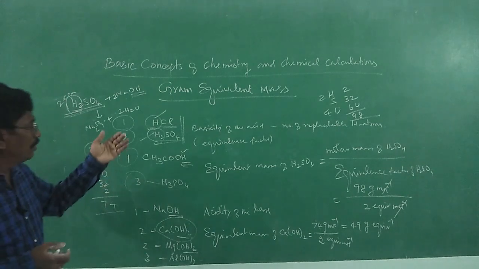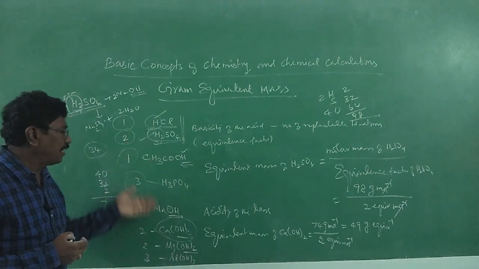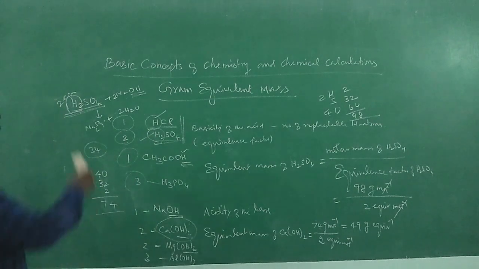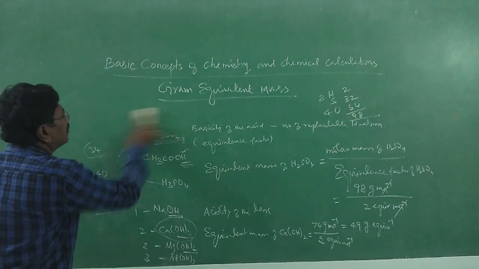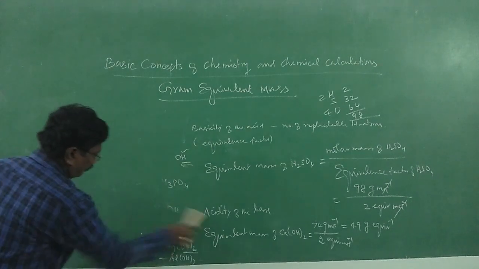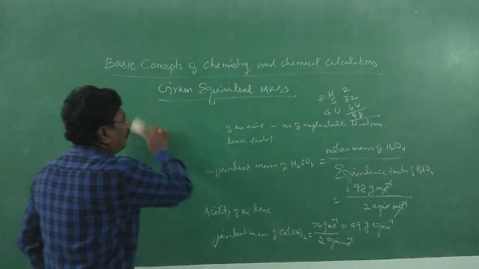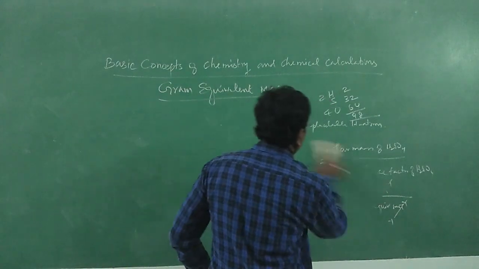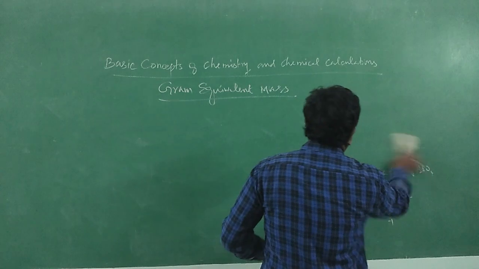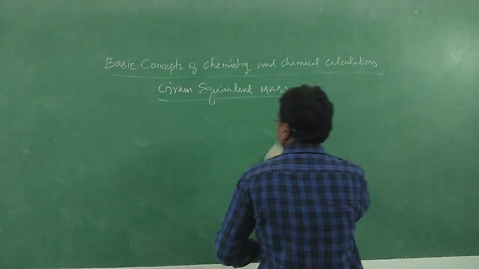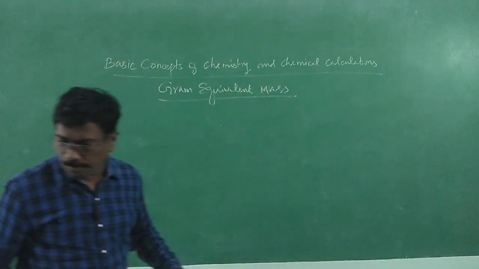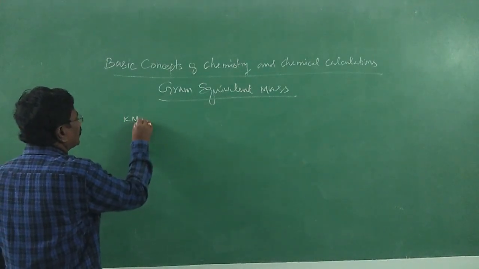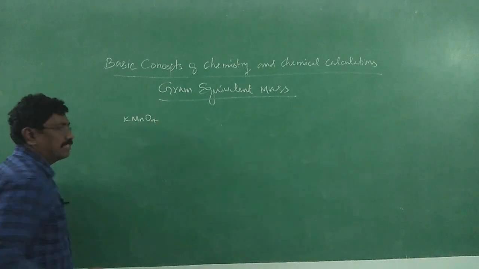Alright? It is not only important for acids and bases. Now we have seen only acids and bases. Let us go in for oxidizing agents and reducing agents. Let me take an oxidizing agent like potassium permanganate. You will be knowing that potassium permanganate is the best oxidizing agent.